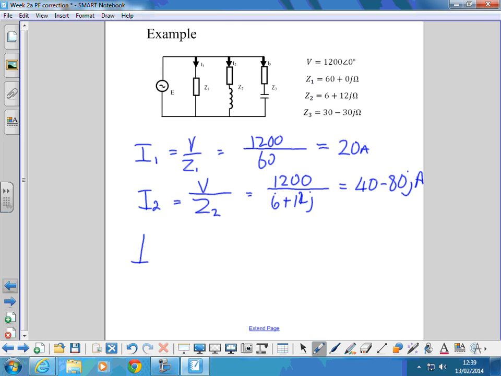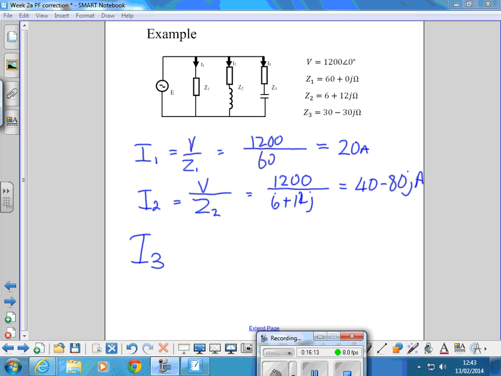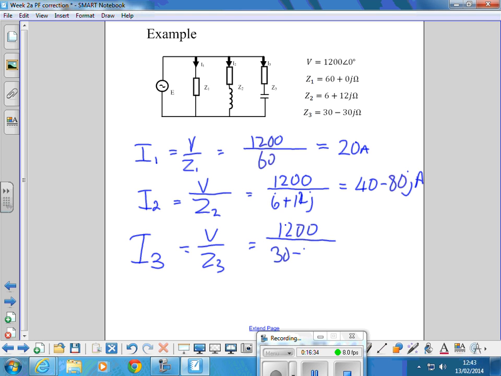I3. Right, gents, what we got then? There's obviously V over Z3, which is 1200 over 30 minus 30J. When you've done all the other mathematical jiggery-pokery with that, what do we end up with?